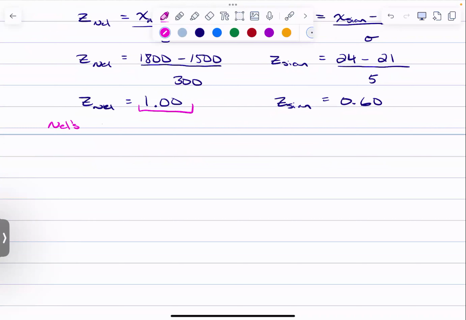Nell's score is better than Cian's. So the university is looking at these scores, and they would choose Nell over Cian just based off of these scores. And so that's how you're able to compare the 2 different entrance exams.